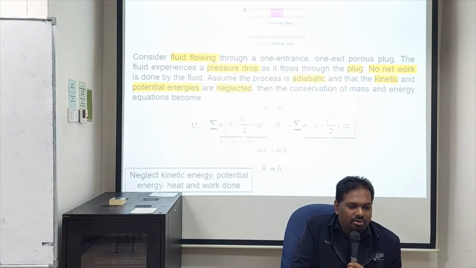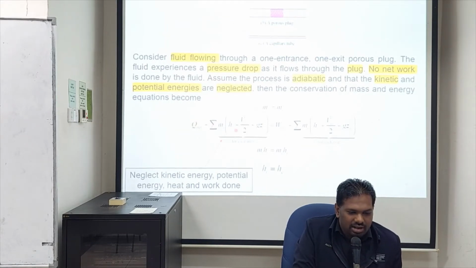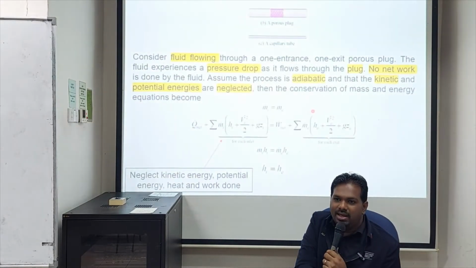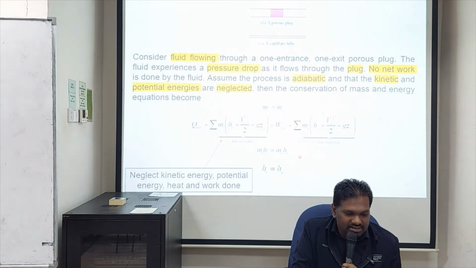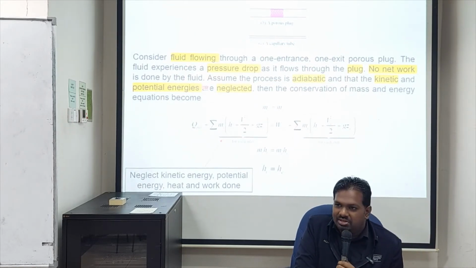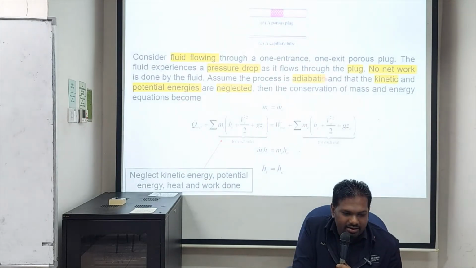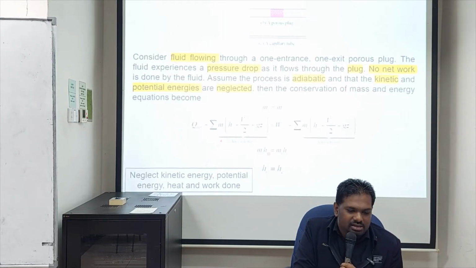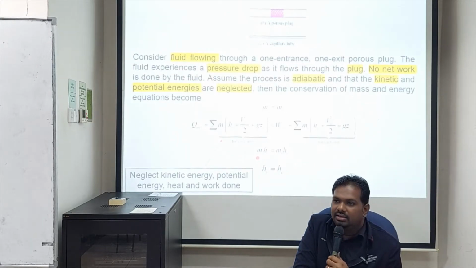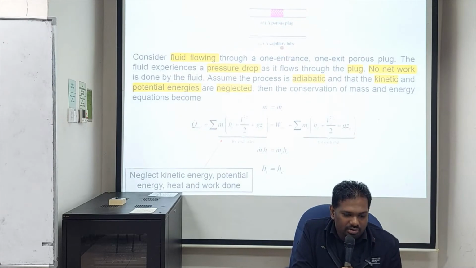Okay, so for throttling device, okay, gunakan balik the conservation of mass and also conservation of energy. Okay, after you boleh tengok information apa yang dijadikan kosong untuk throttling. So after you gantikan dekat sini, so you akan dapat the final formula for throttling device is m_i h_i equals to m_e h_e.